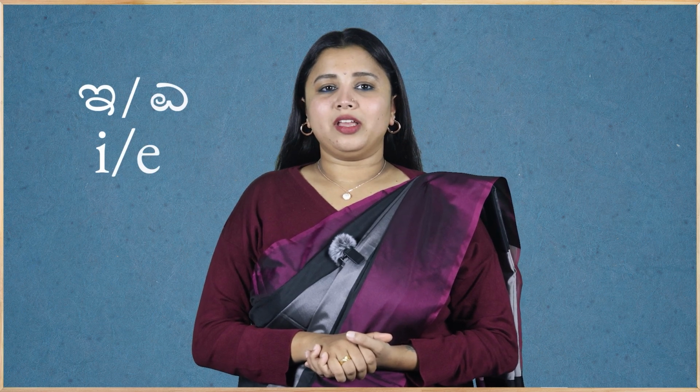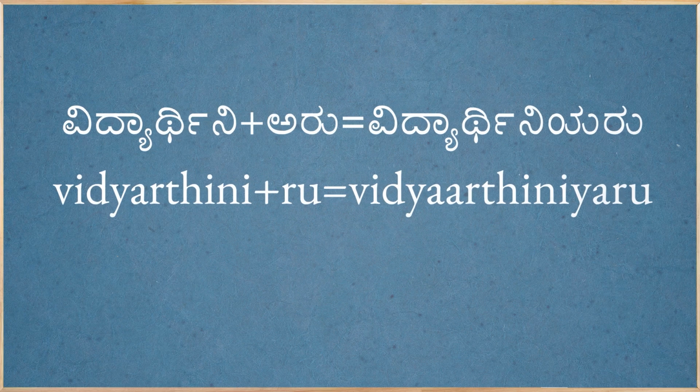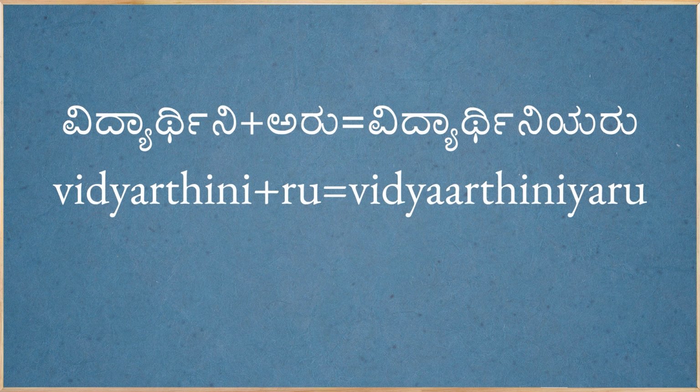This suffix helps form the plural of such nouns and is commonly employed to refer to groups of people, particularly in respectful or formal contexts. Plural formation rule for nouns ending in e or a. Add aru to the base noun ending in e or a. For example, vidyarthini plus aru will become vidyarthiniyaru.